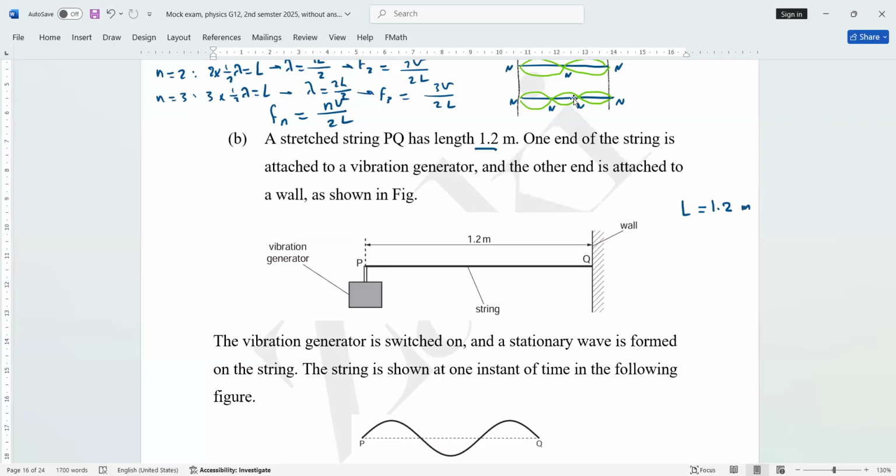The vibration generator is switched on and a stationary wave is formed on the string. The string is shown at one instant of time. So this is the stationary wave.